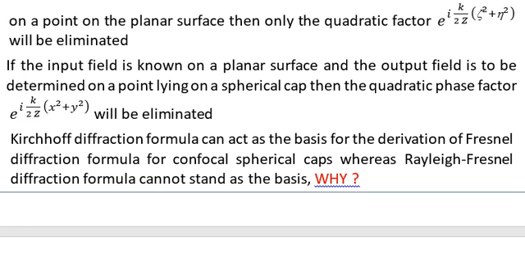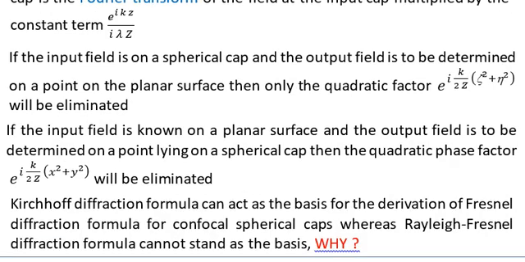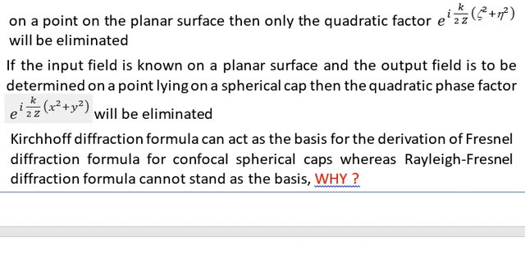Now if the input field is known on a planar surface and the output field is to be determined on a point lying on a spherical cap, then the quadratic phase factor related to the output will be eliminated.